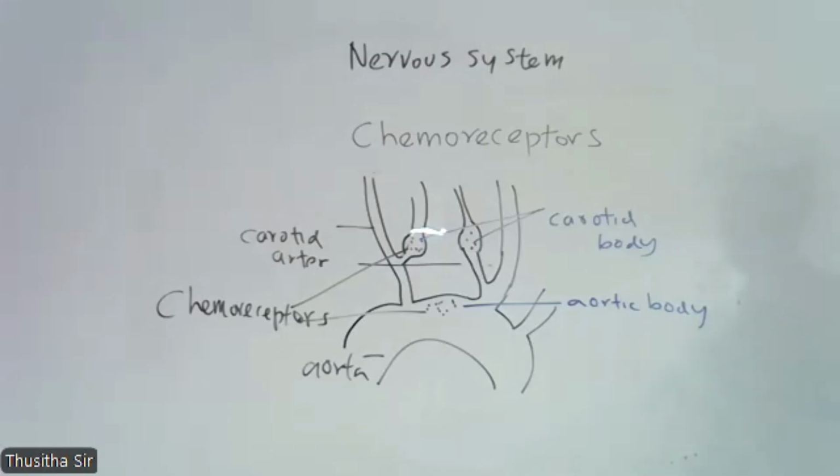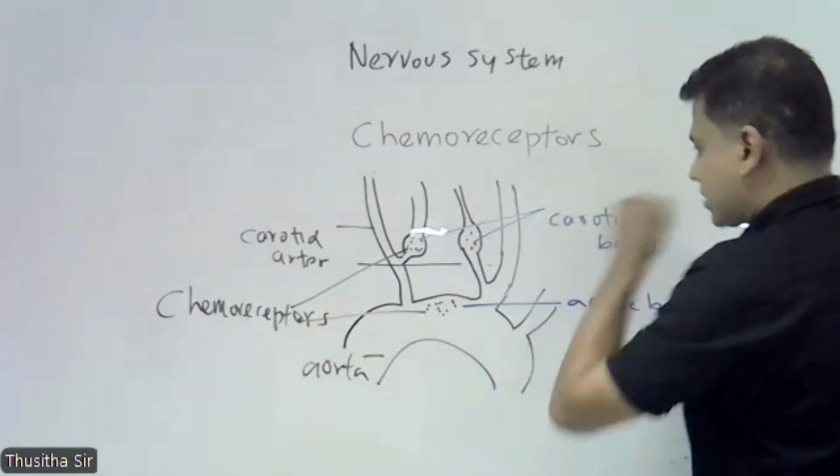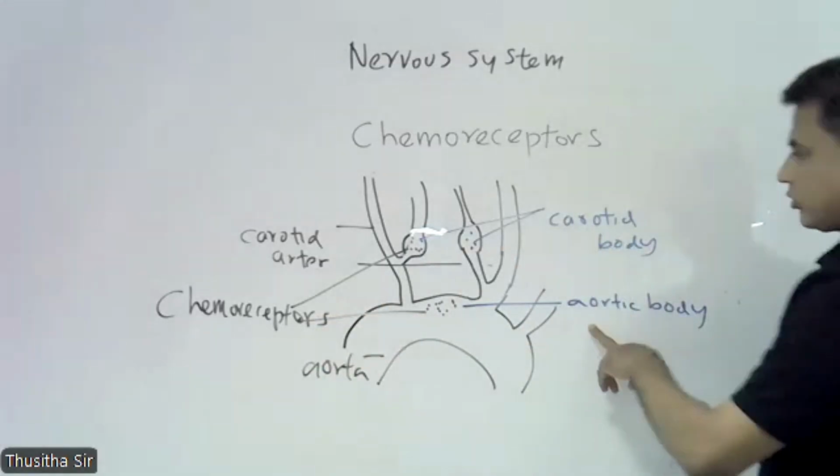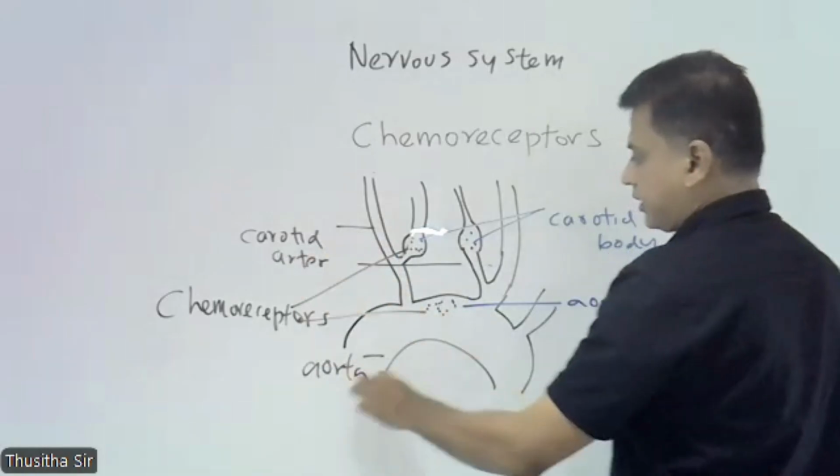That's chemoreceptors, right? Chemoreceptors, carotid body, aortic body, carotid artery, and aorta.